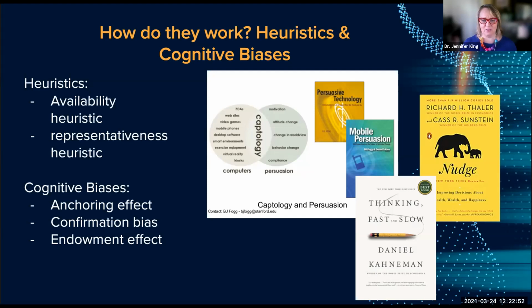More recently, we've seen the work of Richard Thaler, also a Nobel Prize winner in economics, and Cass Sunstein, rethinking this work into nudges. Nudges are a way of trying to change behavior, but the focus generally has been on overcoming these biases and heuristics to make positive changes in people's behavior. One of the classic examples they provide is how most people aren't incentivized to save for retirement.